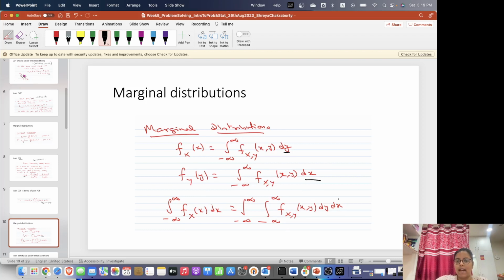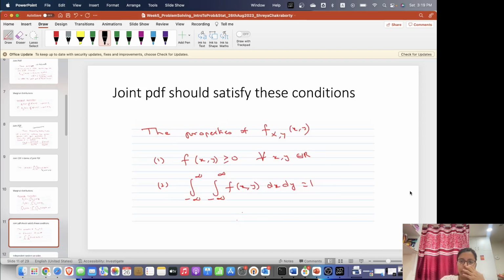And the integral over all ranges of x and y of f(x,y) should be equal to 1. So that is one of the criteria.